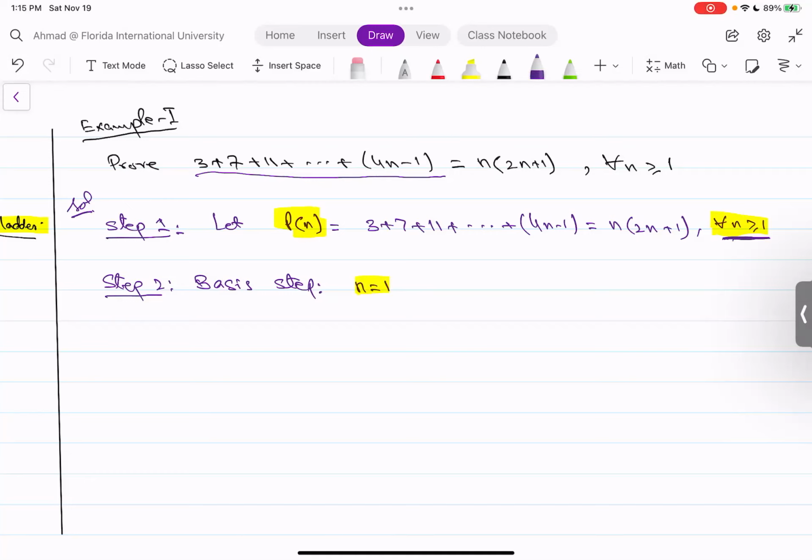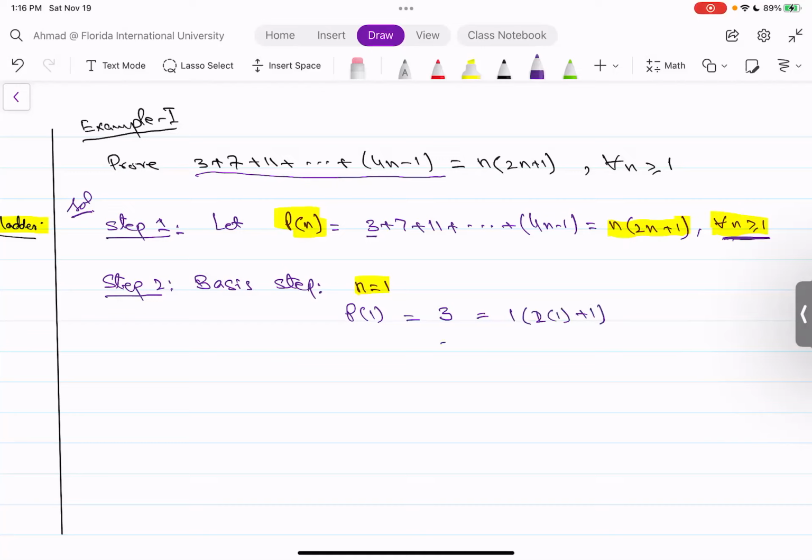Then what does this mean? N is equal to 1 means the first term is equal to 3, right? So that means P of 1 is equal to 3. On the other hand side, I'm going to substitute the value of n, which is 1, into n times 2n plus 1, that is 1 into 2 times 1 plus 1, right?